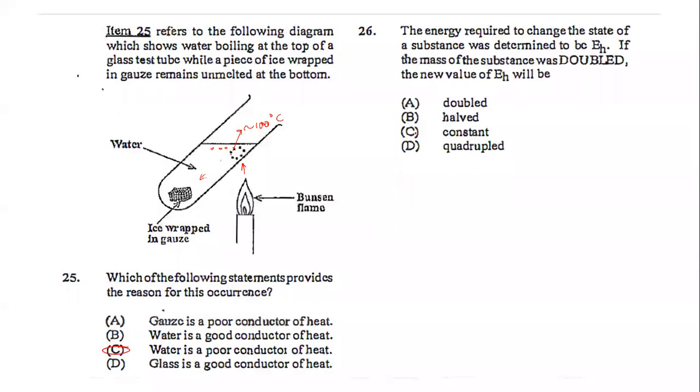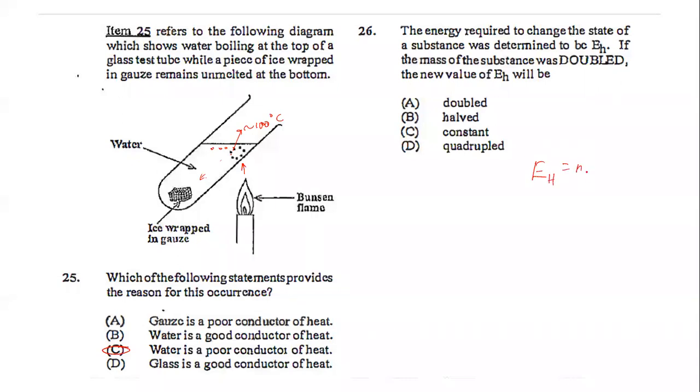So we go to 26. It tells us here that the heat energy required to change the state of a substance was determined to be EH. If the mass of the substance was doubled, what will happen to the value of EH? So we know that the formula is EH equals ML. Again, I'm seeing lots of correct answers here, so I'm just going to talk about it quickly.